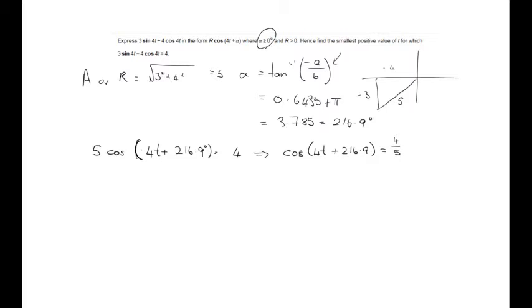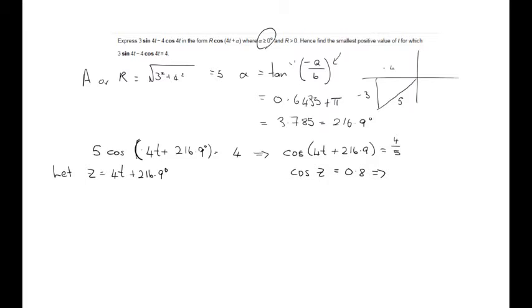And then we can make the substitution, and we'd solve for z. So 4 over 5 is 0.8.